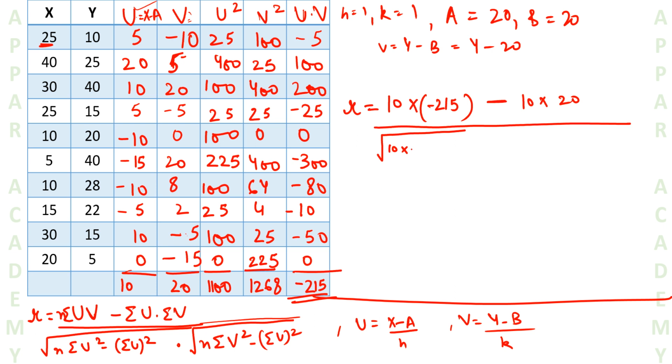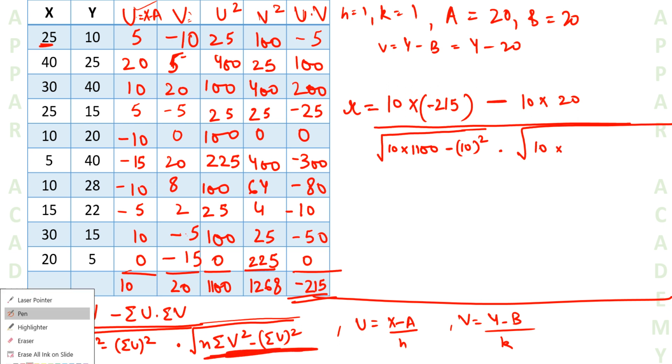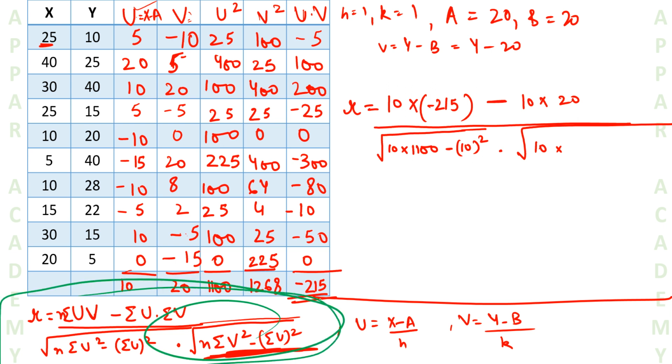Summation u square is 1100, minus summation u, which is 10, square. Right? So this into, again n is 10 into summation v square. Summation v square is 1268, minus summation v, summation v is 20, square. Right? So we have simply just substituted the values. From here we are using this formula.